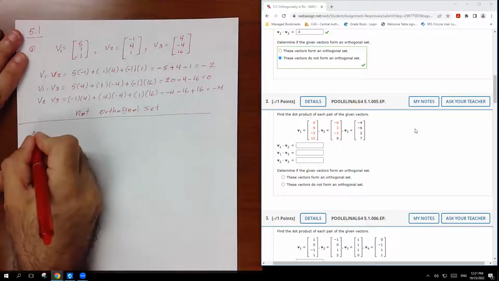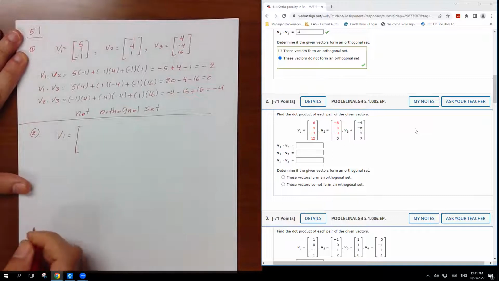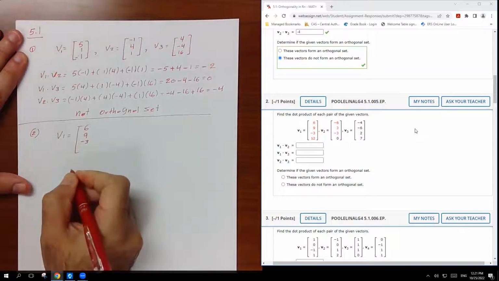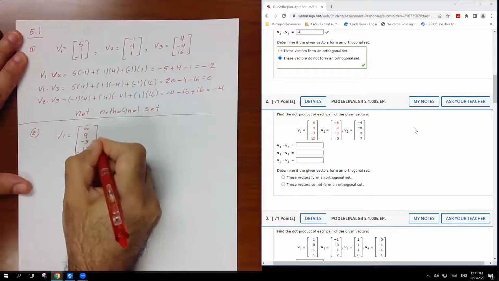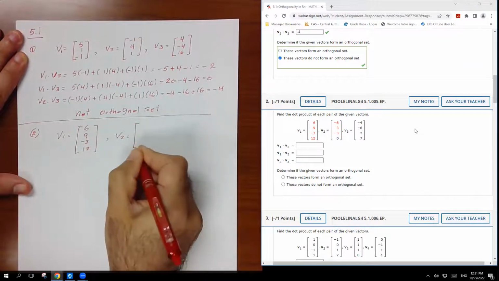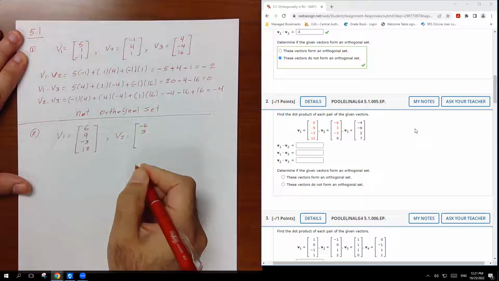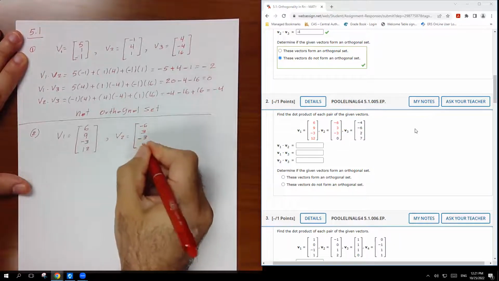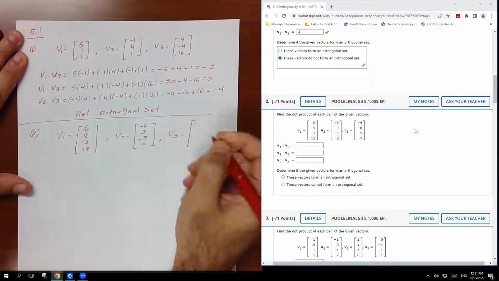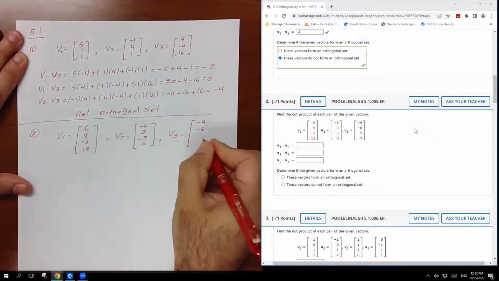So the second one, we have v1 equal 6, 9, -3, 12, and v2 equal -6, 3, -3, 0, and v3 equal -4, -6, 2, 7.